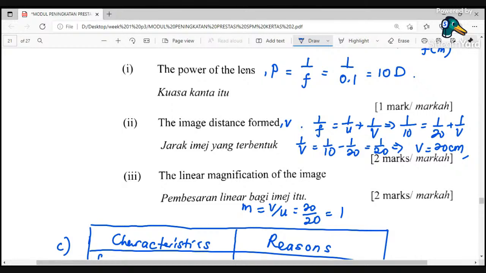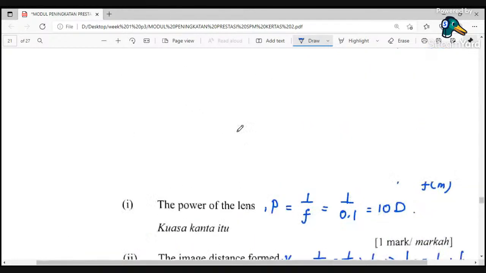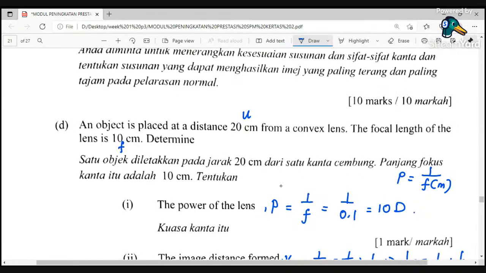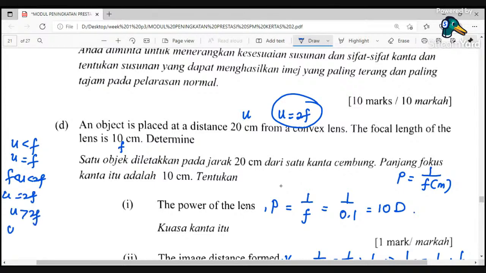As you can see, U is 20 and F is 10, so U equals 2F. If you remember the arrangement for the size of the object: U less than F, U equals F, U between F and 2F, U equals 2F, U more than 2F, U at infinity.